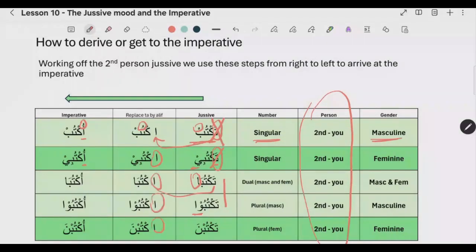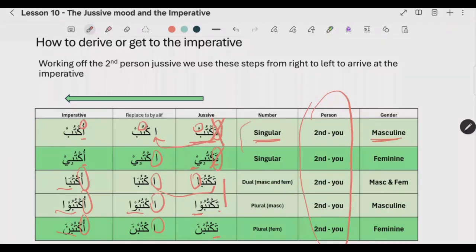All of them are doing the same thing: taking the ta away, bringing this alif in the front, and keeping the remaining part of the verb exactly the same as in the jussive mode. So essentially, this is how you convert a verb that's in the jussive into a command form of that particular verb.